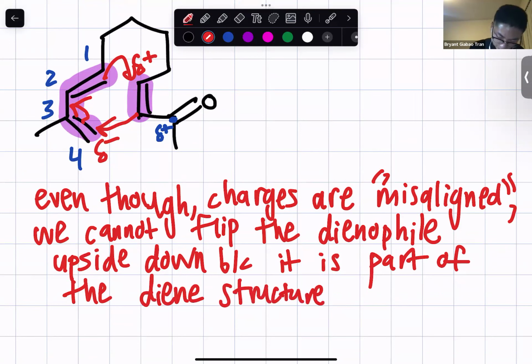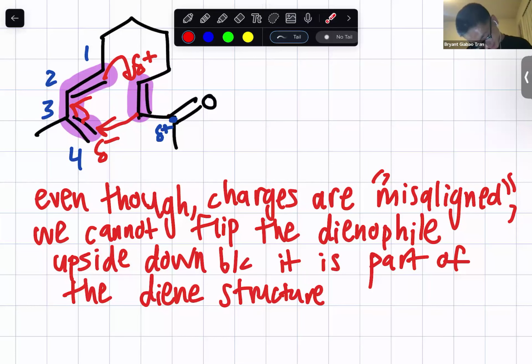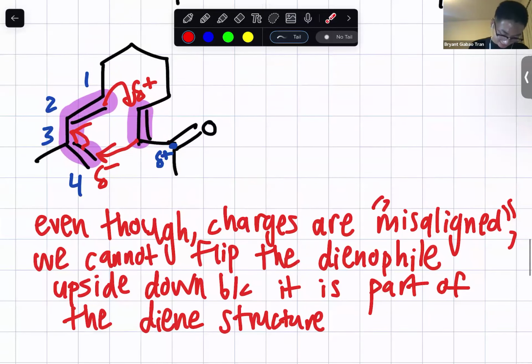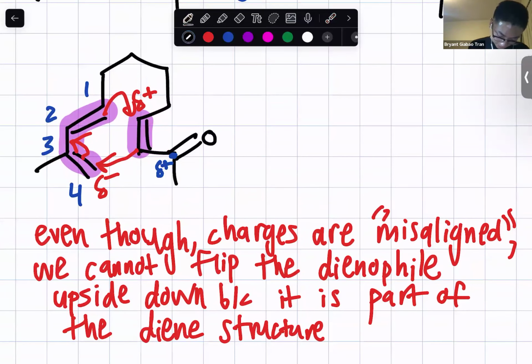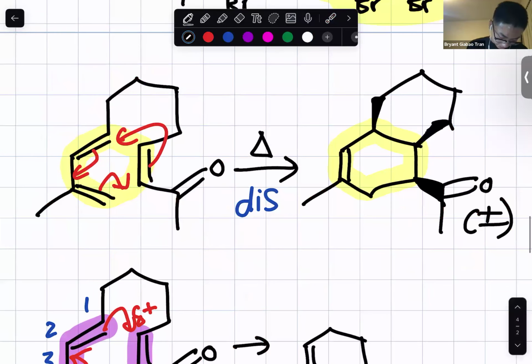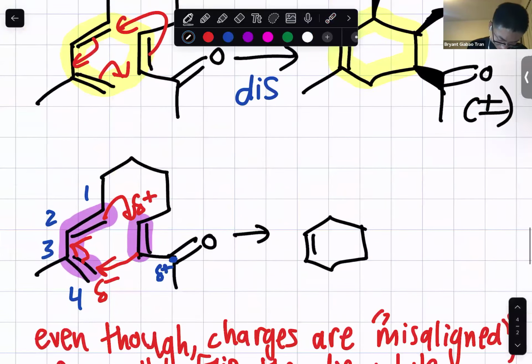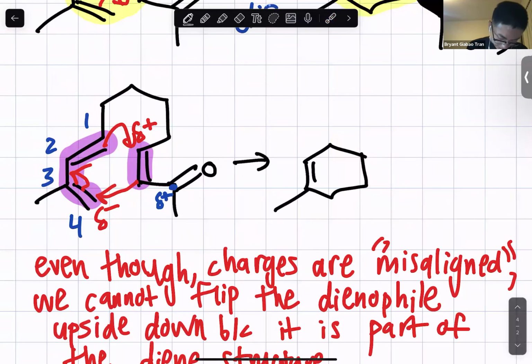Right? We can't flip this upside down. So it's forced to just go with that right there, which is still sp2.